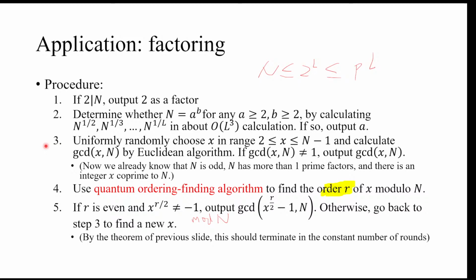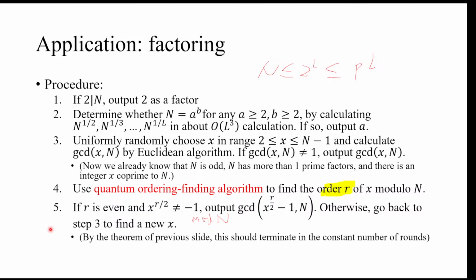After the setup, now we start choosing a random x and finding the order of x. Then we just need to get lucky: if r is even and x to the r over 2 doesn't equal -1, we can just compute the GCD of x to the r over 2 minus 1 and n, and then we get a factor here.